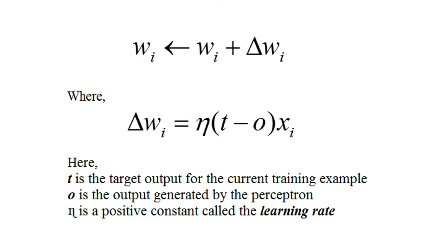Then we will train our classifier to produce the correct +1 and correct -1 for the positive and negative examples.